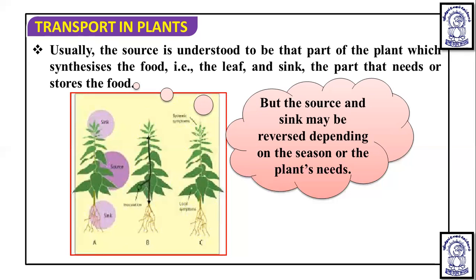But if the plant is not able to synthesize food, the leaves will have a deficiency of food, whereas the starch stored in the root will act as a source. So at this time, when the plant has no ability to synthesize food, the leaf will act as a sink and the root will act as a source.